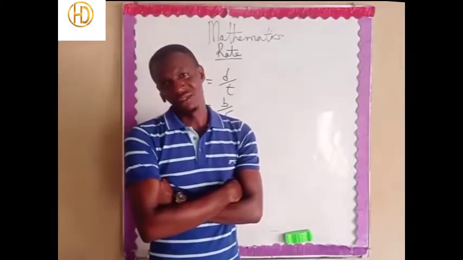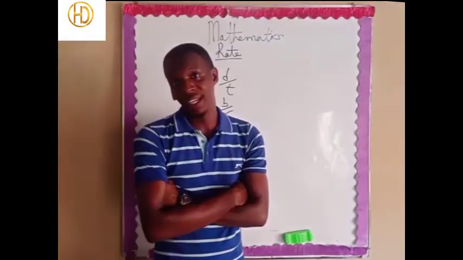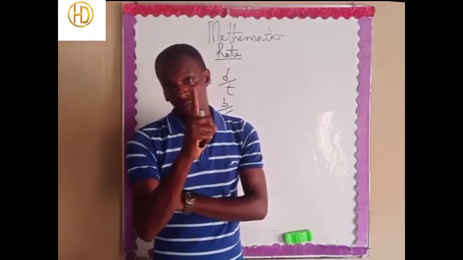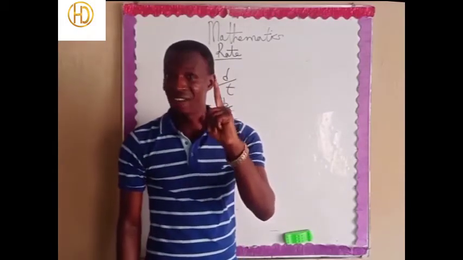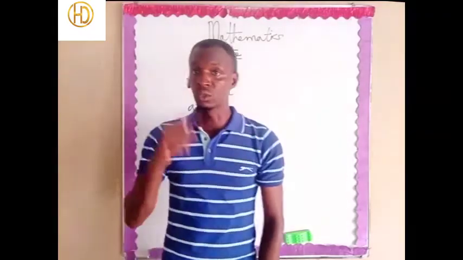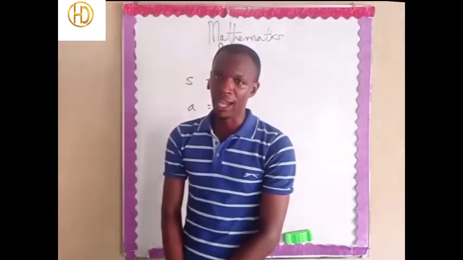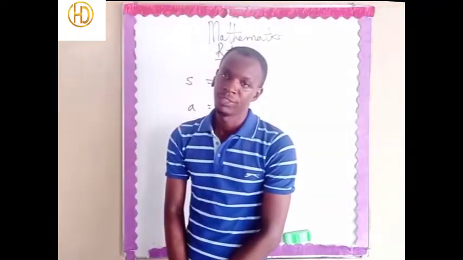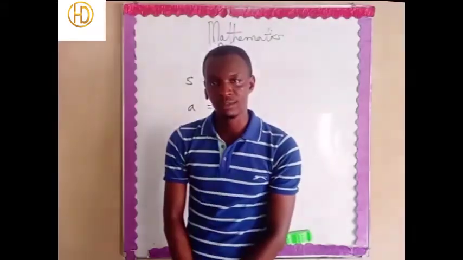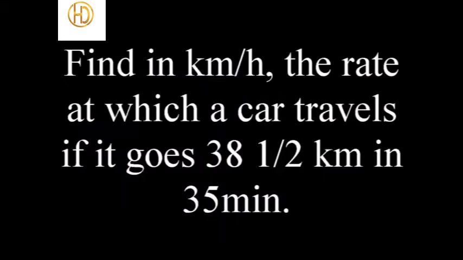What do we need to really get full understanding of rate? 1, understand the question. Very, very significant. 2, get the formula in the question using the rates. Example: find in kilometer per hour the rate at which a car travels if it goes 38 and a half kilometers in 35 minutes.